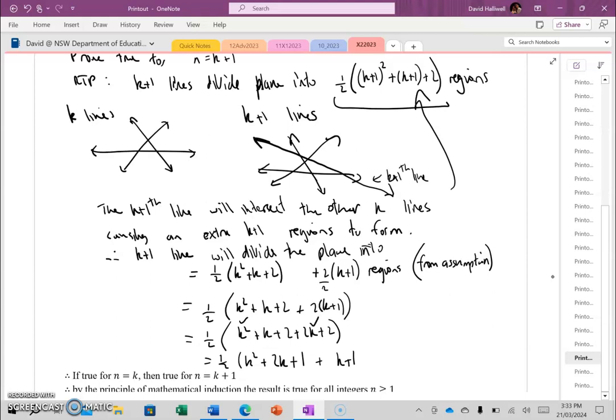So I've done that, I've used one of that. Now for the 2, I should still have a plus 2. I've used that. Okay, I've used up everything. All right, so that equals a half, and now I can complete the square: k plus 1 all squared plus k plus 1 plus 2, which equals as required.